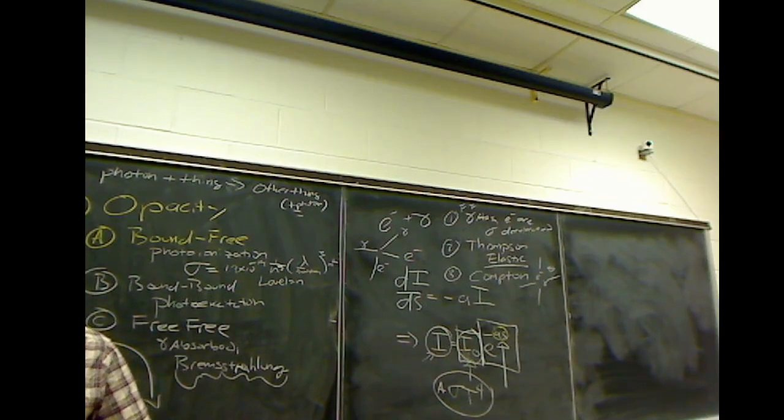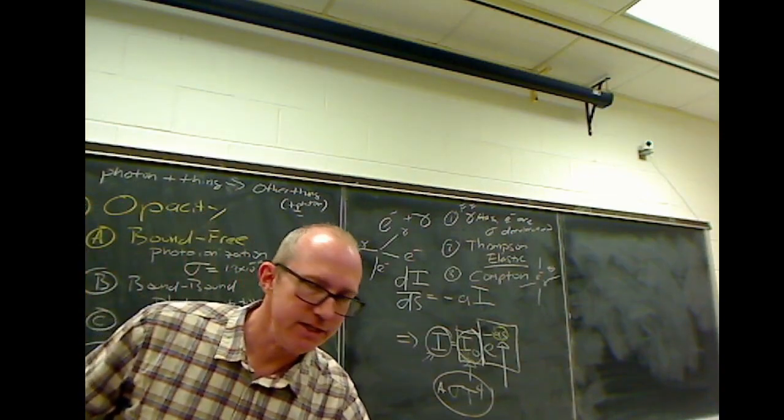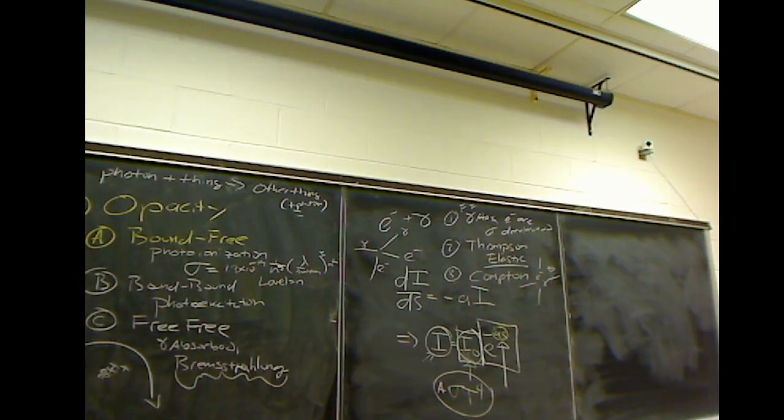It does. Elastic scattering does not change the energy in the system. Compton scattering changes the energy of the photon and changes its energy, because it's not fully elastic. But Thomson scattering doesn't change the energy of anybody. Okay.